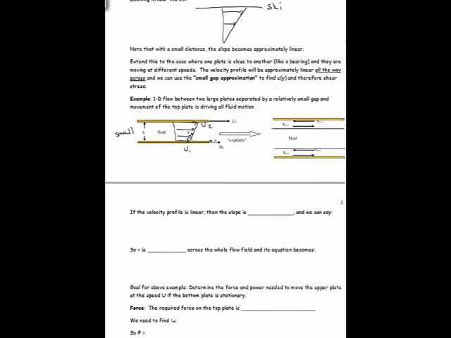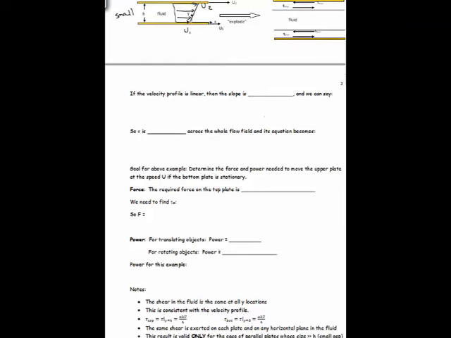All right, so still keeping in mind those two plates, if the velocity profile is linear, I said that makes it simple. So let's think about the slope. The slope is du dy, which is part of our tau equals mu du dy equation. It's our strain rate.